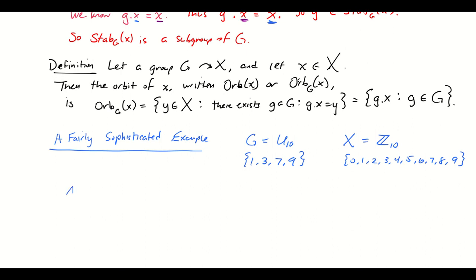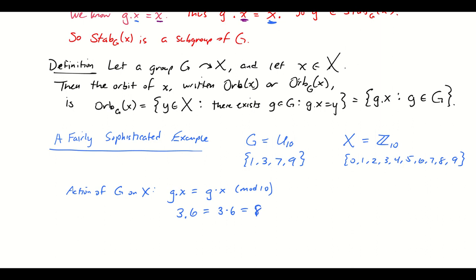The action of G on X is going to be that G acting on X is just G times X mod 10. So for example, 3 acting on, let's say, 6 is going to be 3 times 6 mod 10, which is 8. And I'm using the equal sign very loosely here.